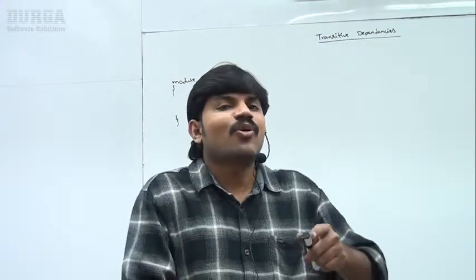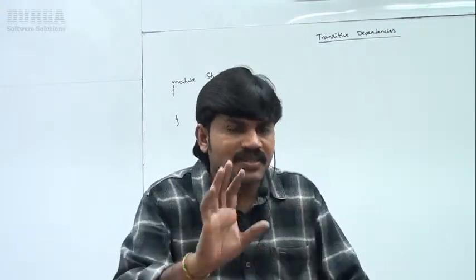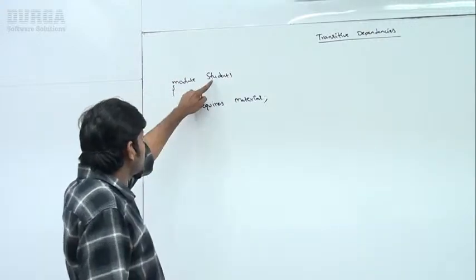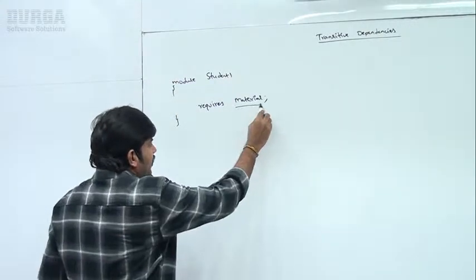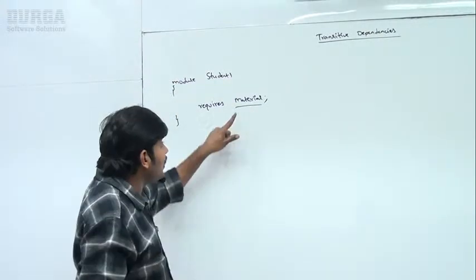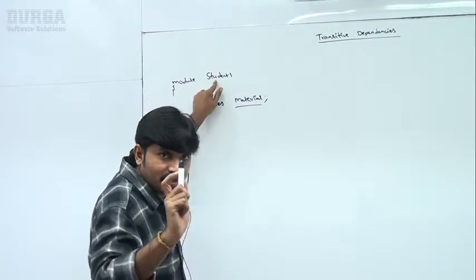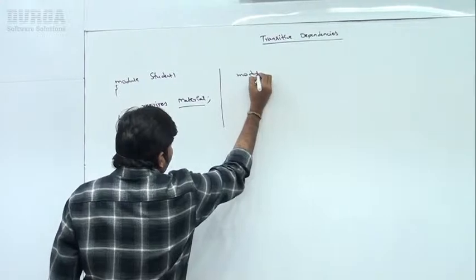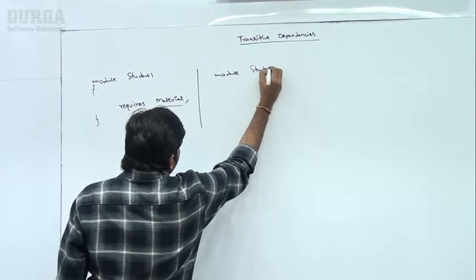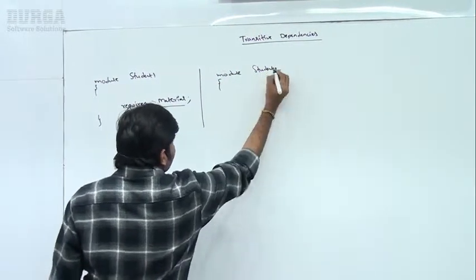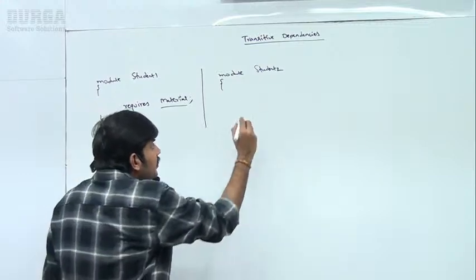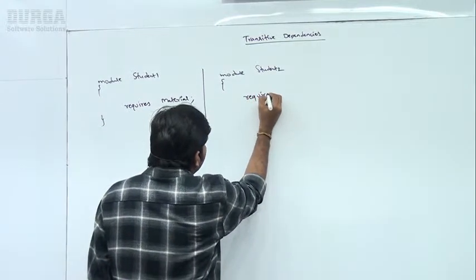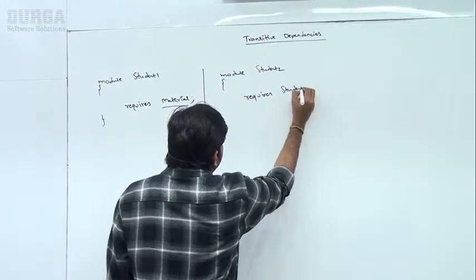Are you getting? At the coding level, what does it mean? Let me explain. Student1 requires material. Now the material is available for student1. Remember that. Here, module student2 is there. Module student2 requires student1. Assume that.